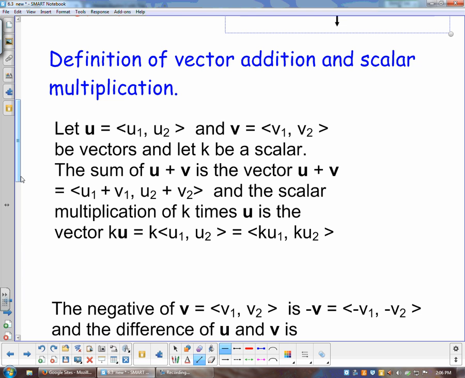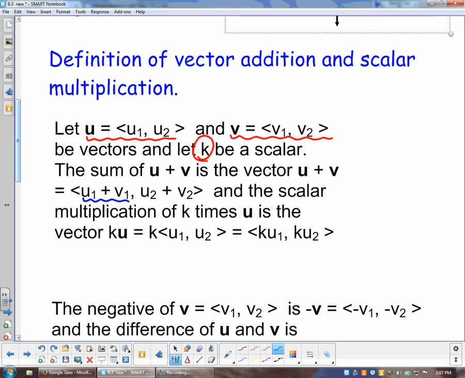Okay, so this is just saying here, definition of vector addition and scalar multiplication. If you have vector u, which is (u1, u2), notice our vector parentheses, and vector v is (v1, v2) in vector parentheses. If those are vectors and k is some scalar, then the sum of u plus v is going to be the vector (u1 plus v1, u2 plus v2).